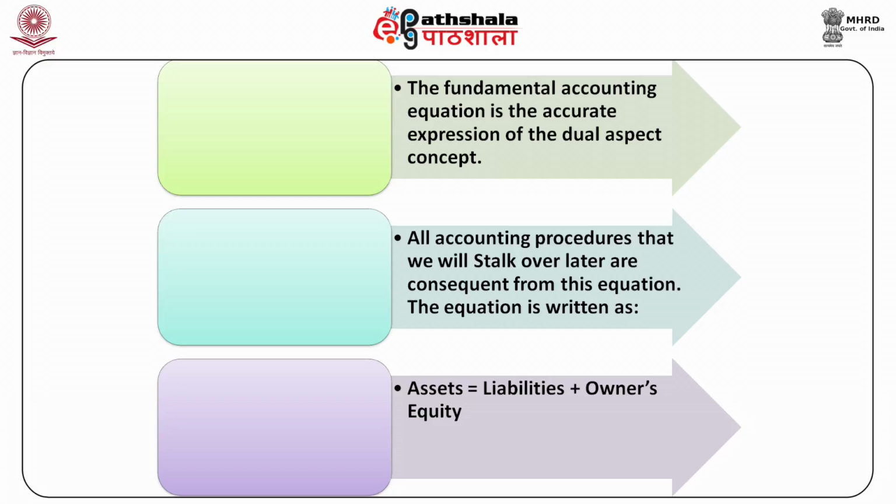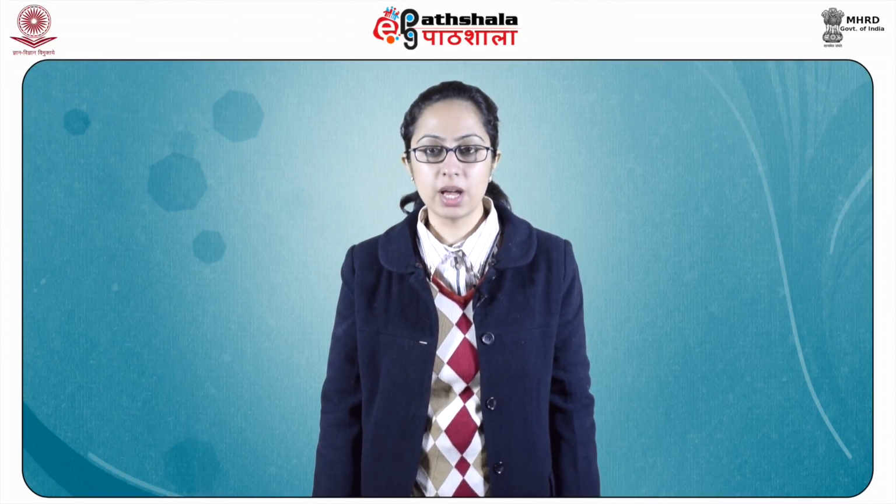The equation is written as assets is equal to liabilities plus owner's equity. Economic events which are recorded in the accounting system are called transactions. Every operation that an organization assumes has a dual effect on the accounting records. That is, it will have an effect on two or more accounts instantaneously. This is why accounting is also called a double entry system.